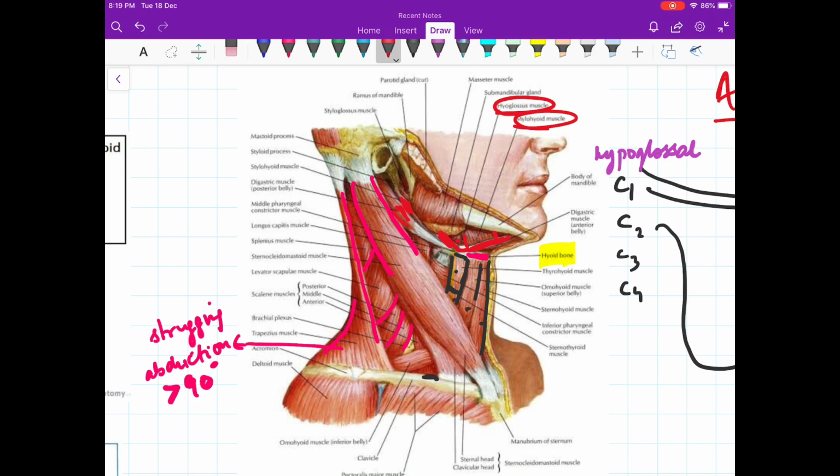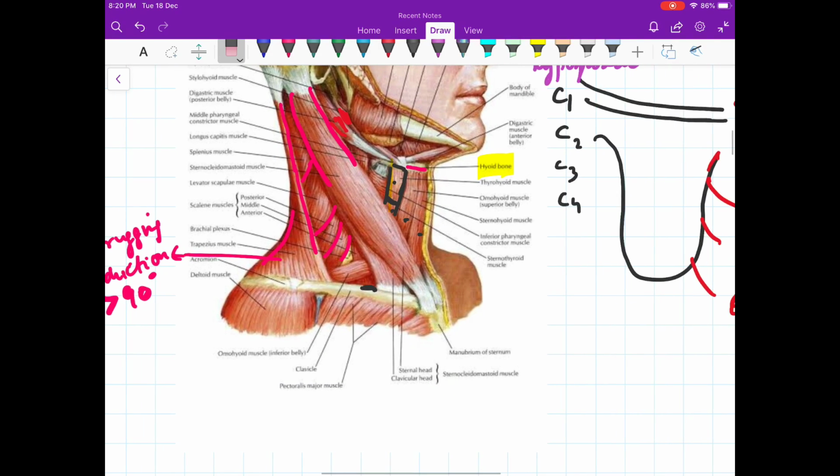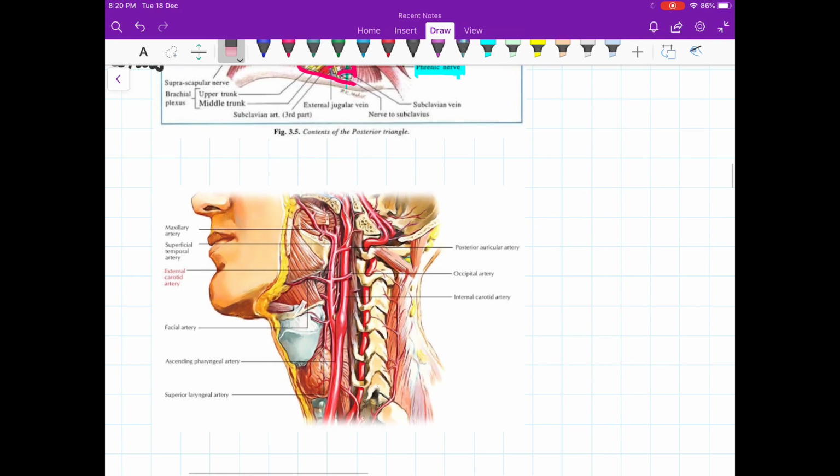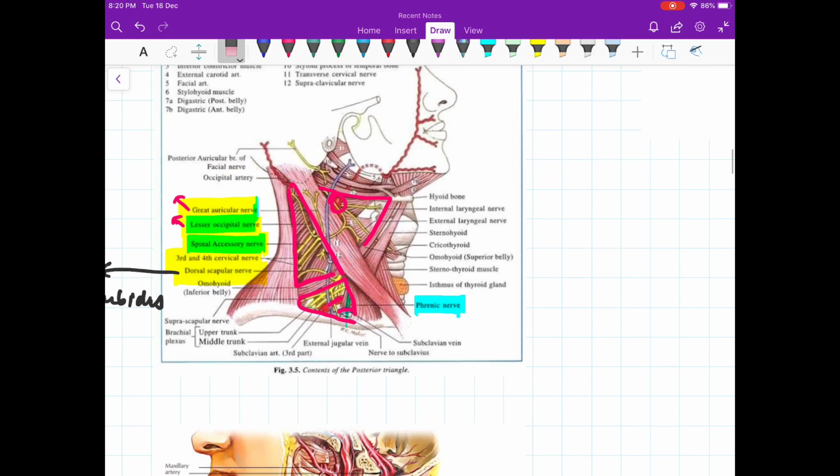Friends, this video will give you just an overview of the head and neck so that it is easier to read your anatomy. So friends, this was about muscles. Now you have seen the contents of the posterior triangle also.